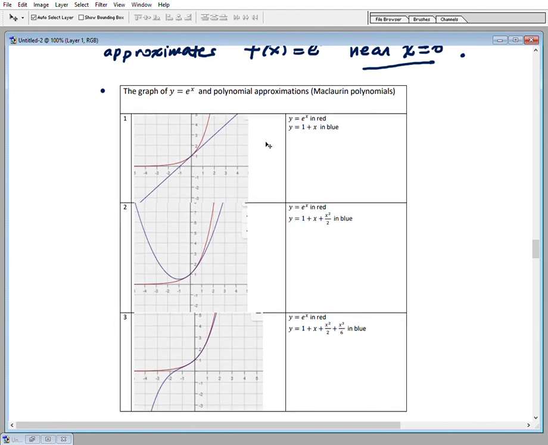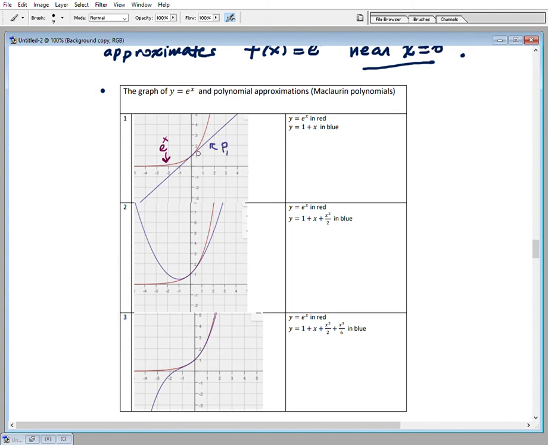So the red graph is e to the x. And for the blue, let's call this one P1, the first polynomial.